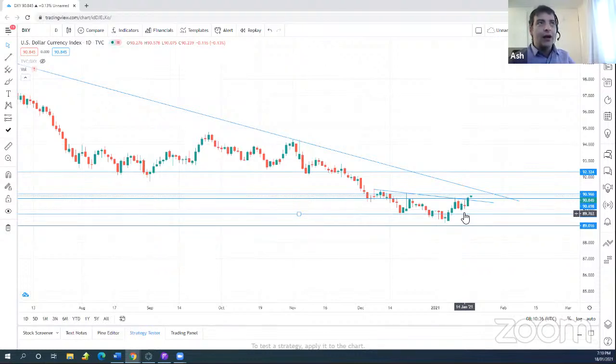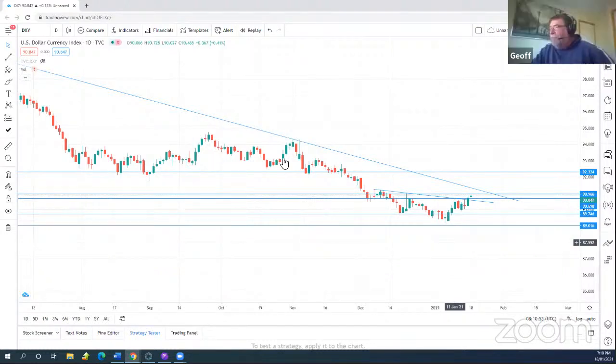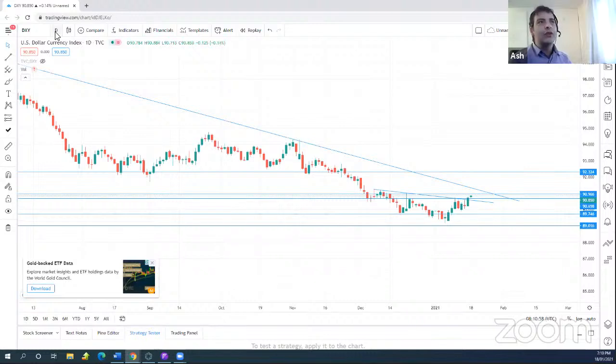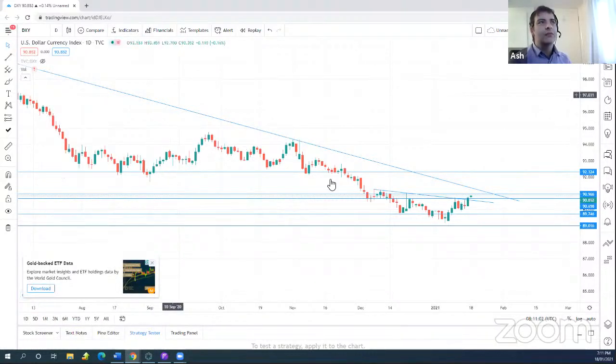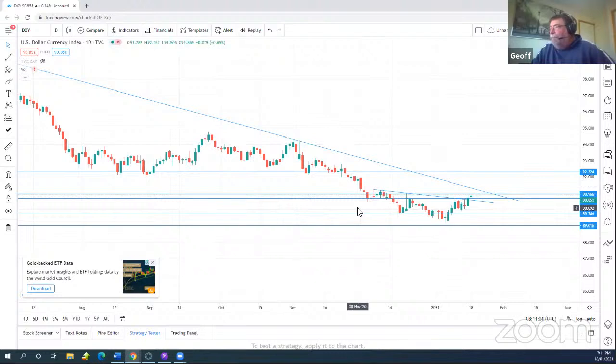Where I think what you're saying is interesting is that I still think there's a possibility of that right shoulder, and I wonder whether we get to that 91 level on the DXY and find a neckline there and start to retrace instead. So you see where your trend line starts here. I wonder whether we get just a slightly more shallow right shoulder.